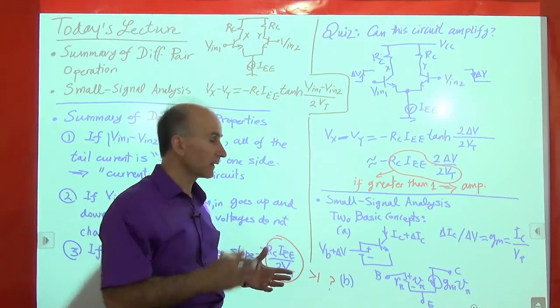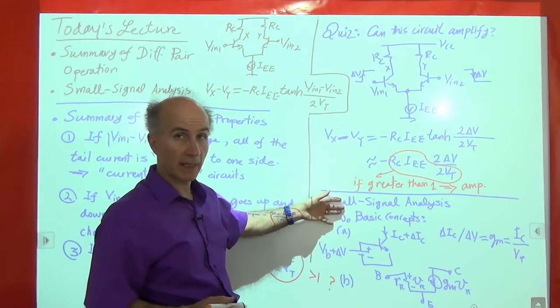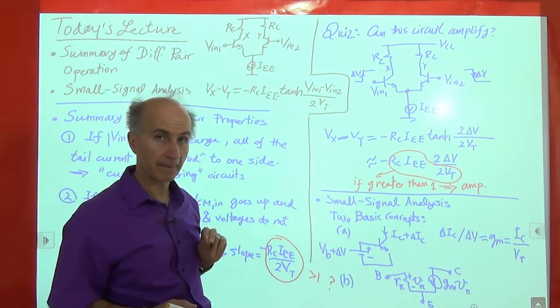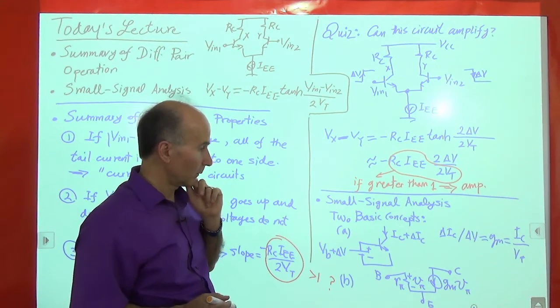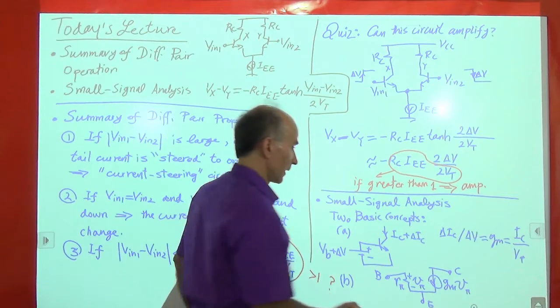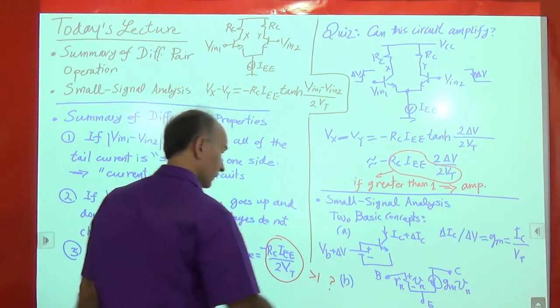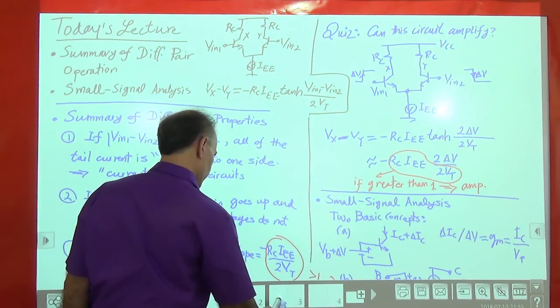Now we go ahead and try to perform a small signal analysis on the bipolar differential pair. I need to go over one more point before we get there. So let's go to the next page, page number 3.